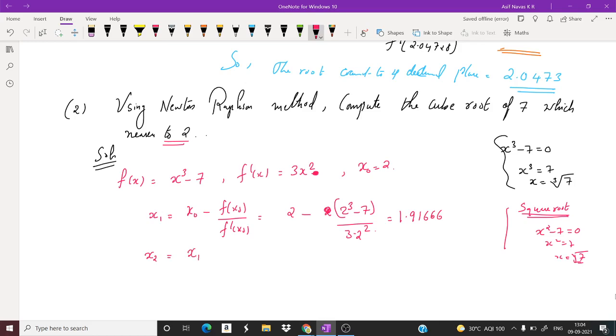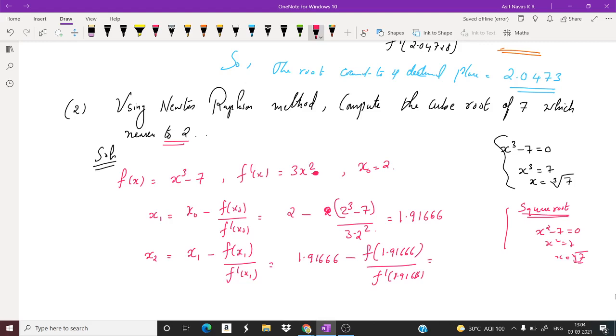So next you find out x2 by using calculator. This is x1 minus f of x1 divided by f dash of x1. So x1 is 1.91666, minus f of 1.91666 divided by f dash of 1.91666.